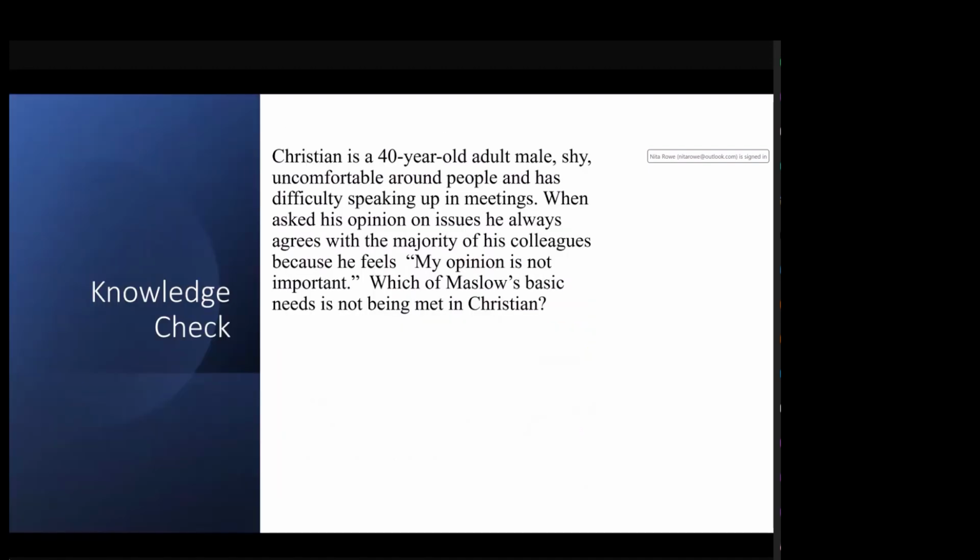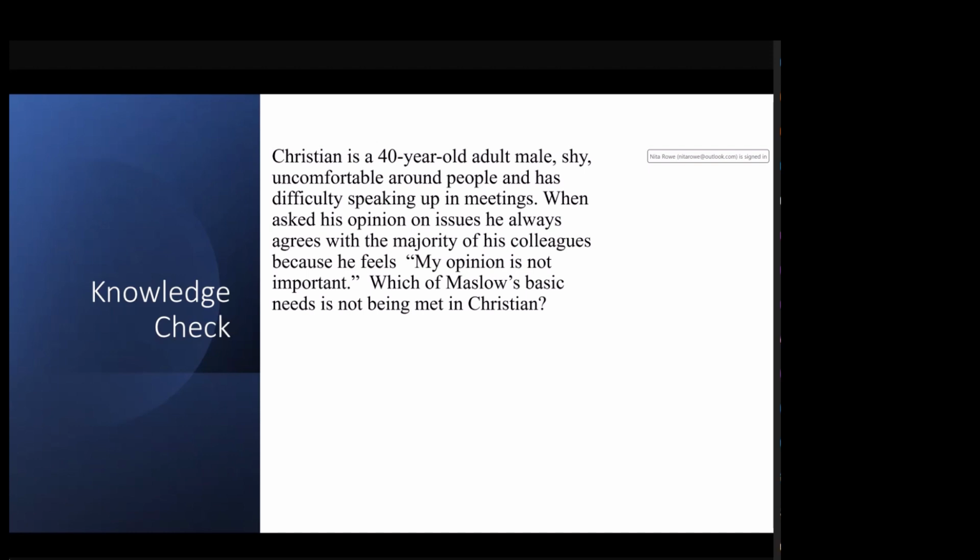Okay. Here's one. Knowledge check. Who wants to read this for me? Alondra, you want to read it for me? Alondra Rios: Christian is a 40-year-old adult male, shy, uncomfortable around people, and has difficulty speaking up in meetings. When asked his opinion on issues, he always agrees with the majority of his colleagues because he feels my opinion is not important. Which of Maslow's basic needs is not being met in Christian?